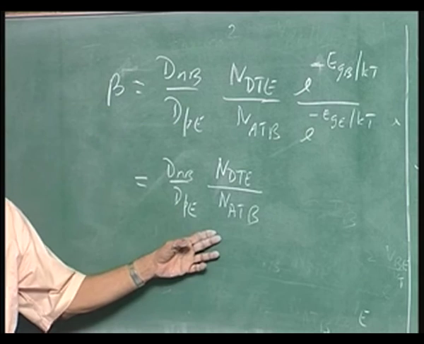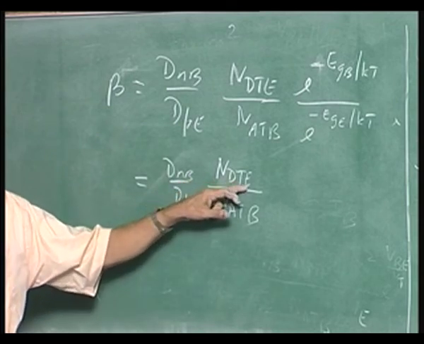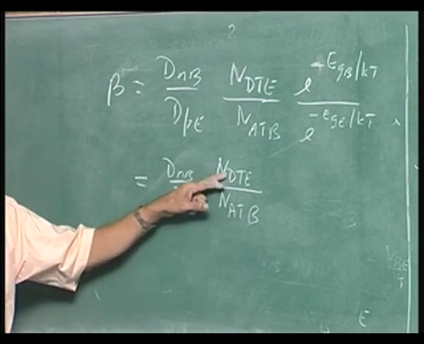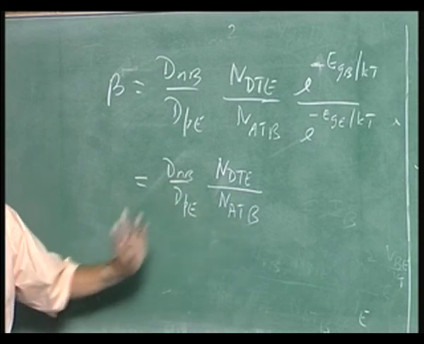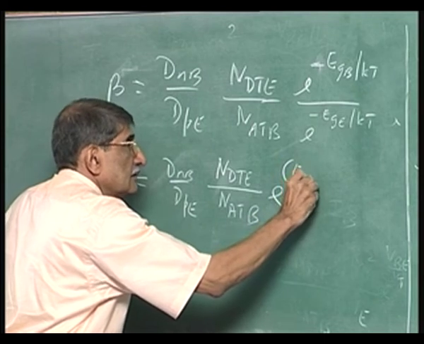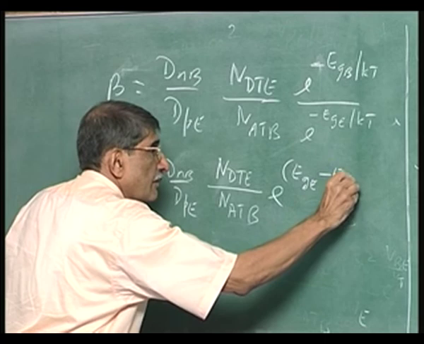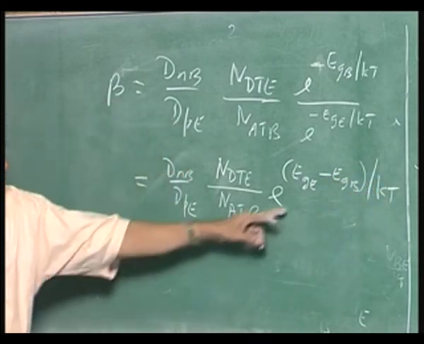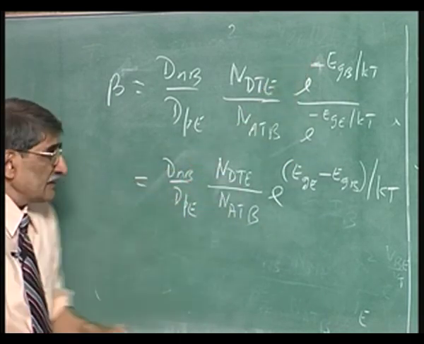These too many suffixes look a bit clumsy, but it tells you doping total concentration in the emitter, acceptor total concentration in the base, donor concentration total in the emitter, acceptor concentration total in the base, times e to the power of EGE minus EGB by KT. EGE is greater than EGB. I am taking it up.